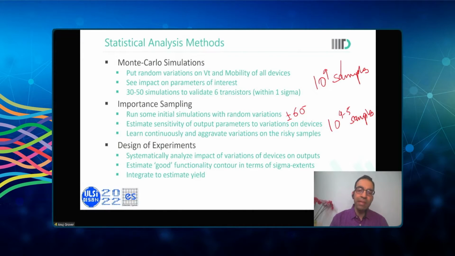We estimate the good functionality contours in terms of sigma extents, where practically, the VT variations across different devices inside the memory cell are independent of each other. So we take a root mean square sum of these variations, and then integrate it to estimate the yield. With a DOE approach, you could probably do well with something like 10 raised to power 3 samples.